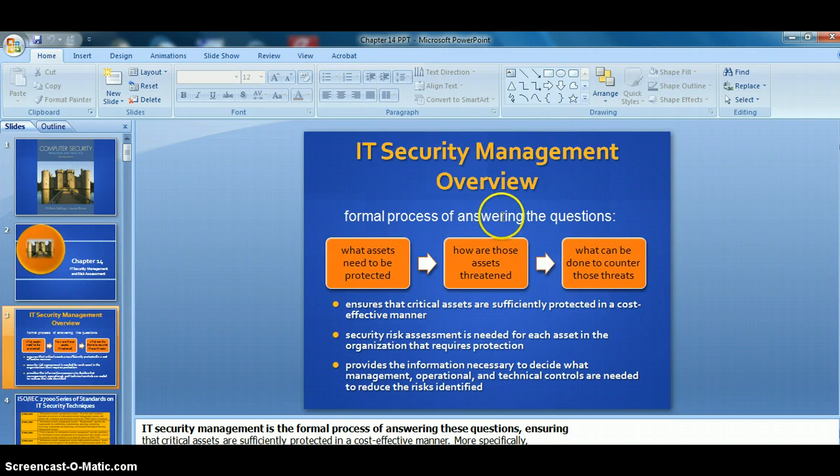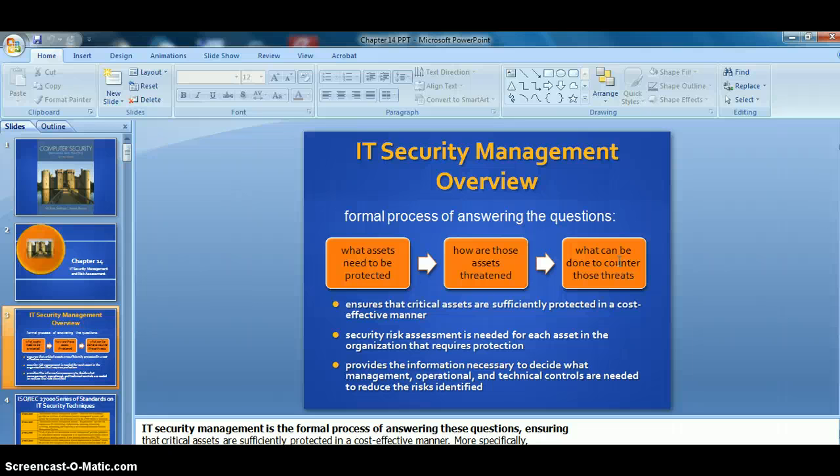IT security management is the formal process of answering these three questions, which ensures that critical assets are sufficiently protected in a cost-effective manner. This is the cost-effective manner, which we call security cost.